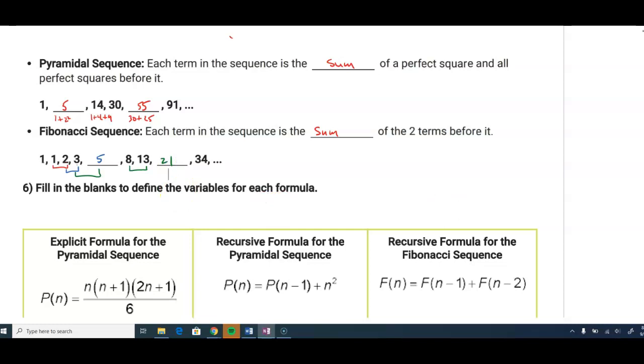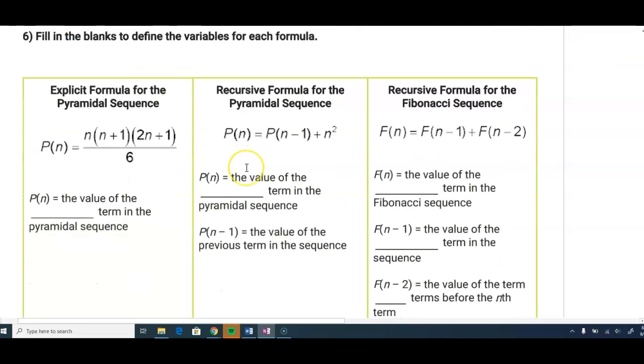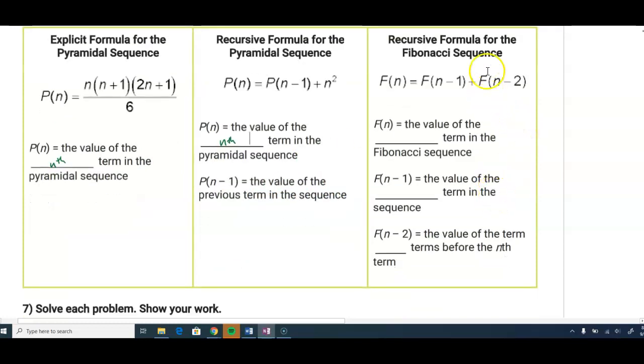So when we look at these sequences, the formula is very intimidating looking, but in the explicit formula, P sub n is the value of the nth term in the pyramidal sequence. So we have the explicit rule here, and you have the recursive rule here, and that's for the pyramidal sequence, and this is the Fibonacci.